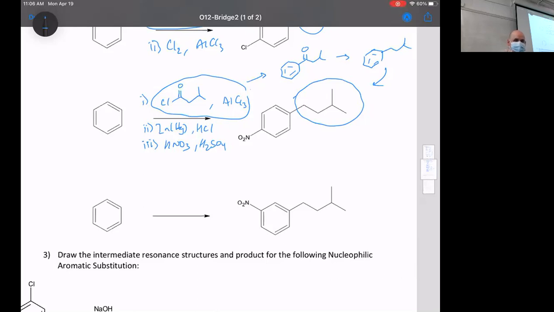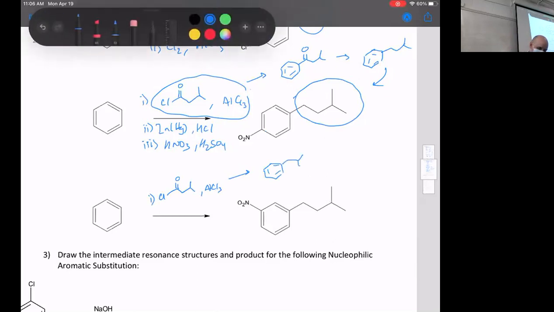Cool. Okay, tell me. So we're starting off with the same one, the acyl chloride, or acid chloride. Okay, good. So that would give us this. So then instead of adding the zinc and mercury, you add the HNO3, H2SO4 first.